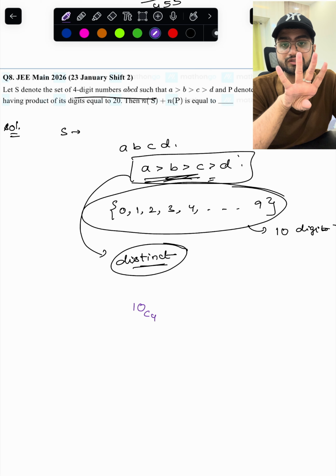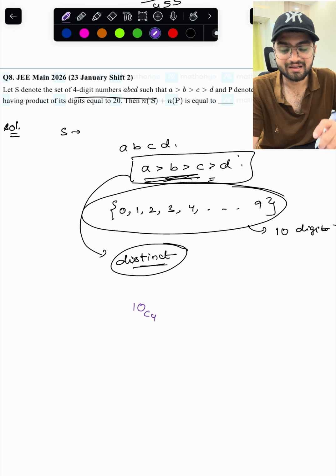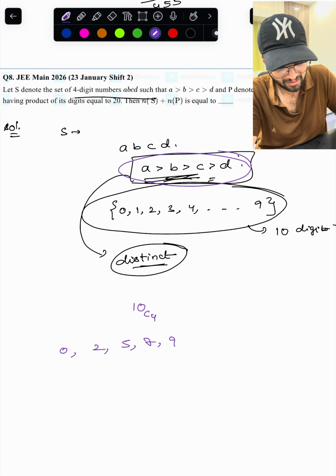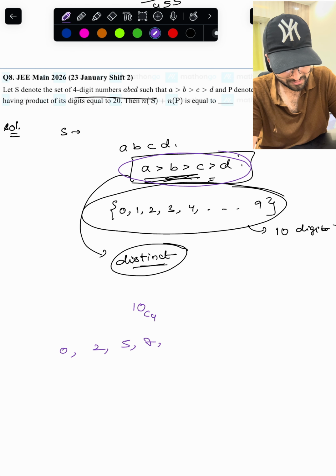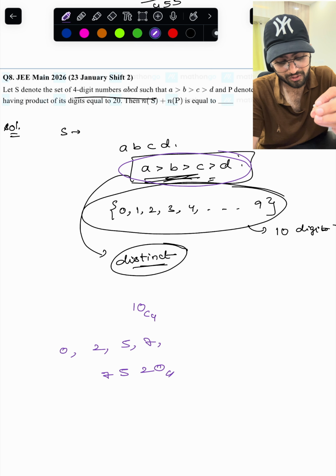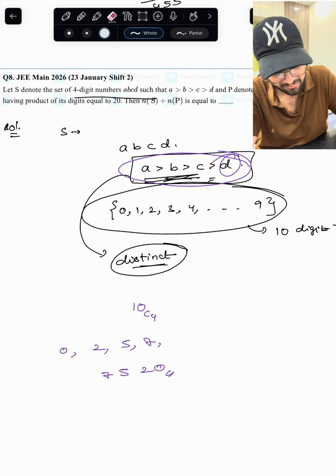Now I have 4 distinct digits. In how many ways can I arrange them to form the number? One way. Why? Because if I have any 4 digits, let us say 0, 2, 5, 7, they will be arranged automatically as 7, 5, 2, 0. And you don't need to bother about 0 either, because 0 is going to be at the last, since it is the least of any number, right? So in how many ways can they be arranged?